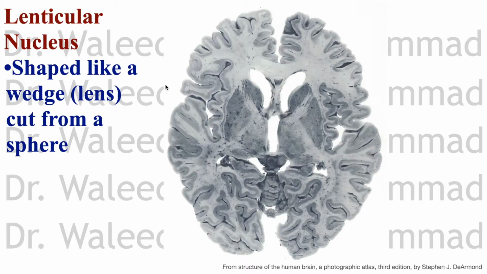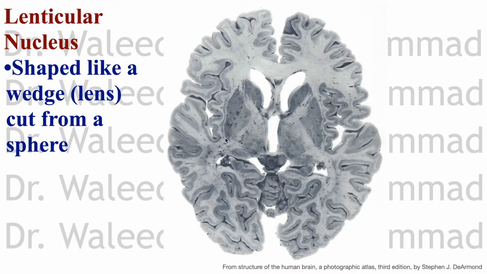The lentiform nucleus, it's shaped like a wedge cut from a sphere, and it's lateral to the thalamus. This is the thalamus and the caudate nucleus. See how it's partially connected at the anterior end with the caudate nucleus, and see the two parts, distinct and different in color, demarcating the two parts of the lentiform nucleus.